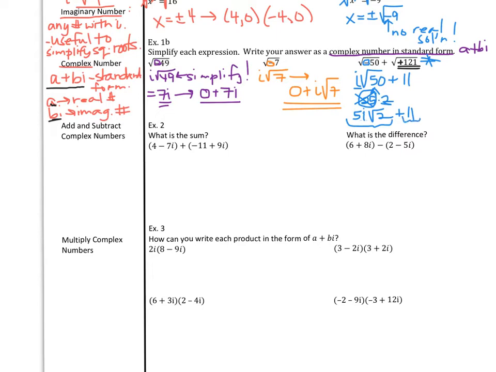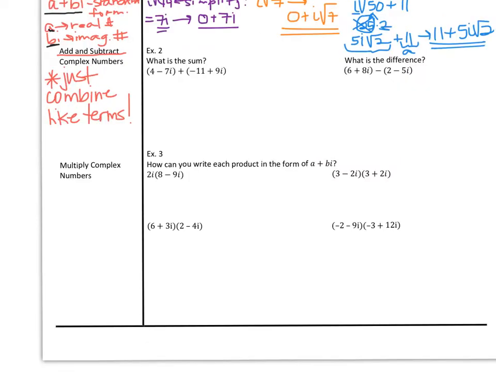The 11 is the a part of our term. So this is in the wrong order. To write it in standard form, the a part would have to go first. We're just going to flip this around. 11 plus 5i times radical 2. And that's your number written as a complex number in standard form.